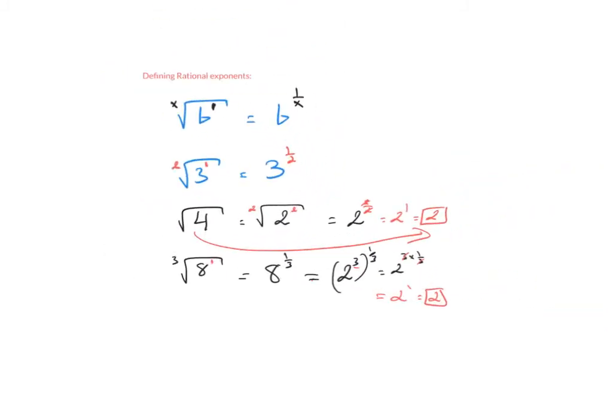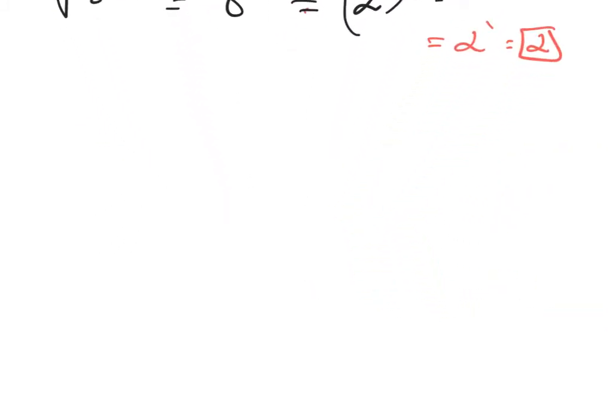So in general, if I have the x root of b to the x power, it's going to be b to the x over x, which is b to the first, which is just b.